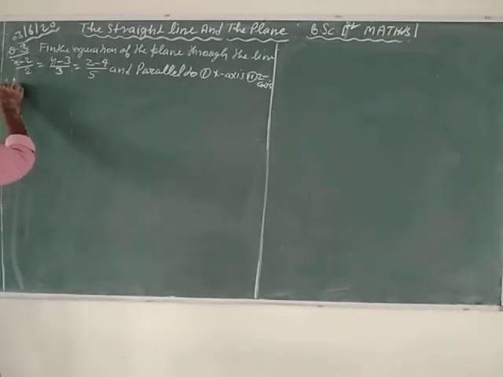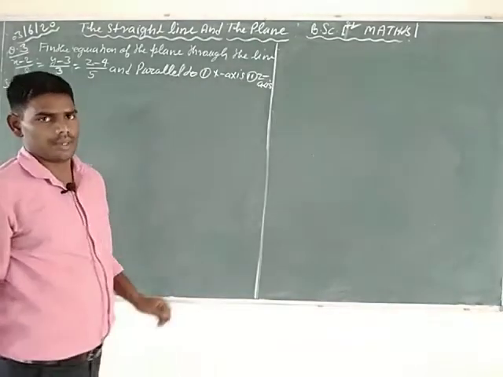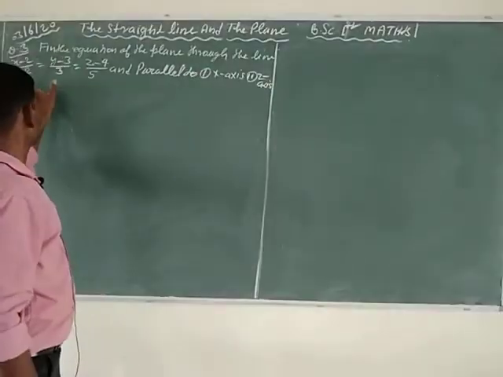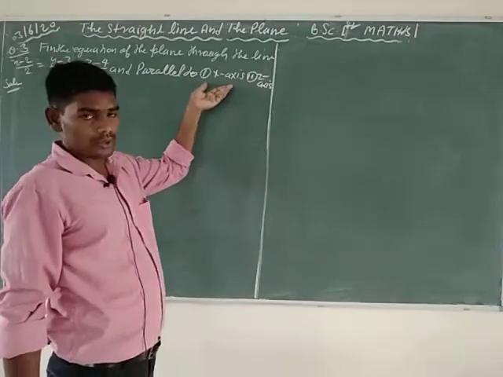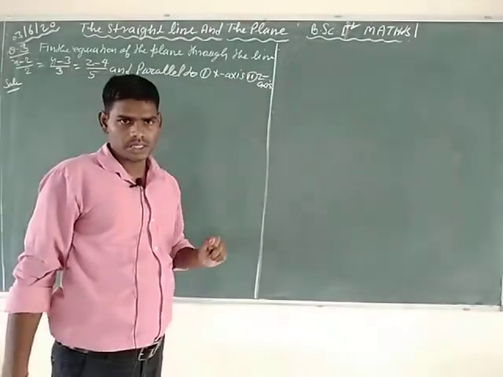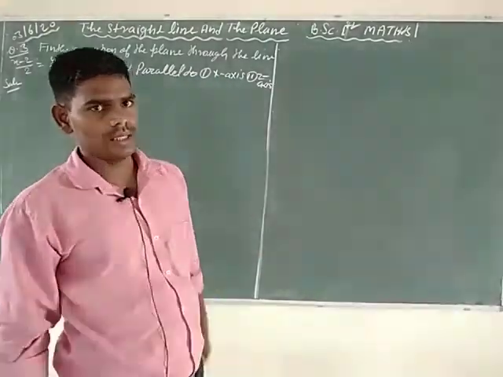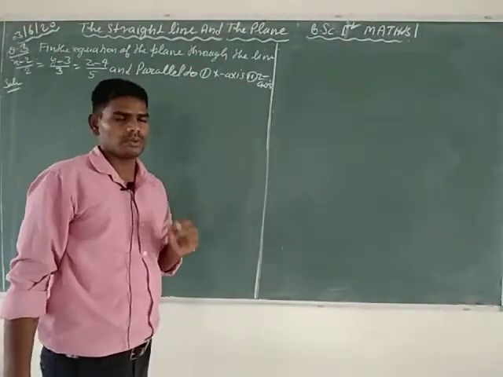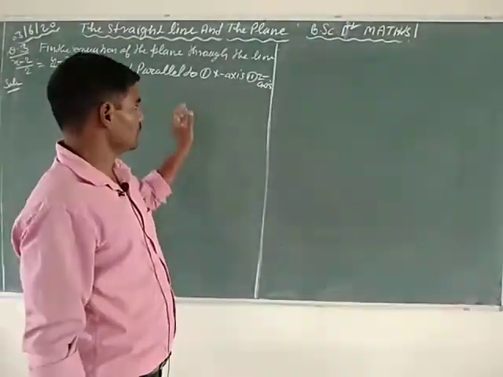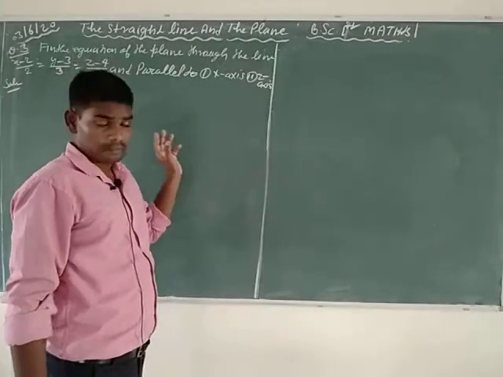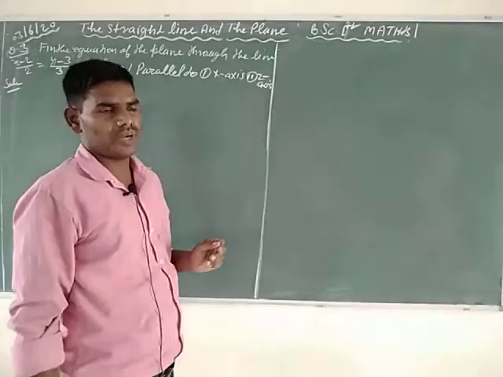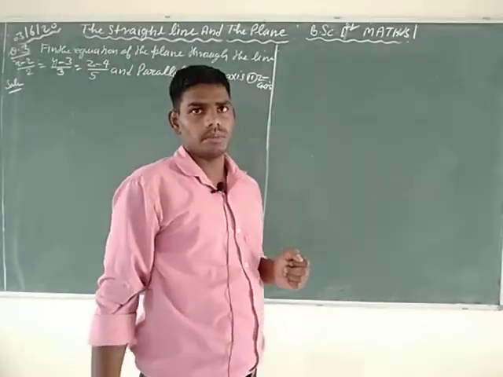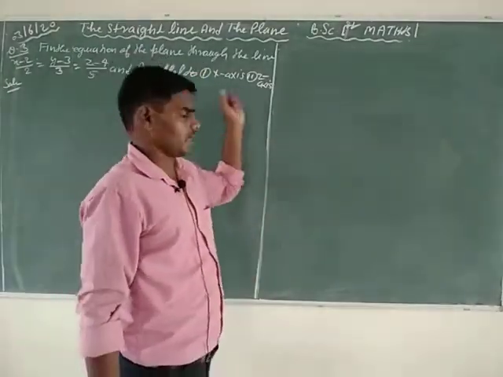In this question, we are asked for the equation of the plane which passes through the given straight line and is also parallel to the x axis in the first case. In the second case, the required plane is parallel to the z axis.